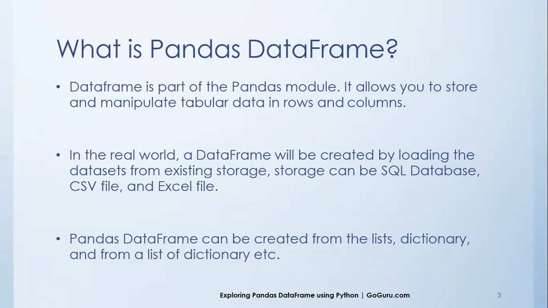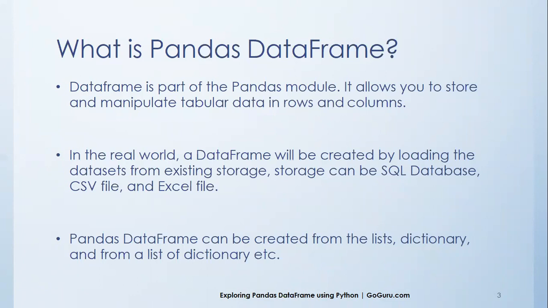So to start with, what is a Pandas data frame? A data frame is actually a Python object that allows you to use your data just like a database in terms of rows and columns. You can load your data from different sources. It could be a CSV file, or an Excel file, or a Python list, or a dictionary or a map.